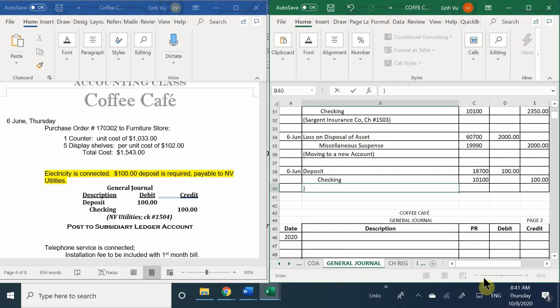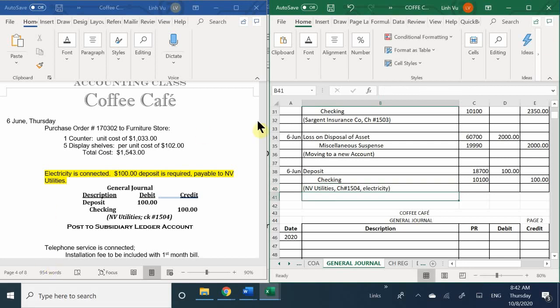And I'm going to go ahead and indicate my vendor, NV Utilities, comma, I wrote a check number, 1504, comma, and if I want to write something specific, I'm going to go ahead and write electricity.